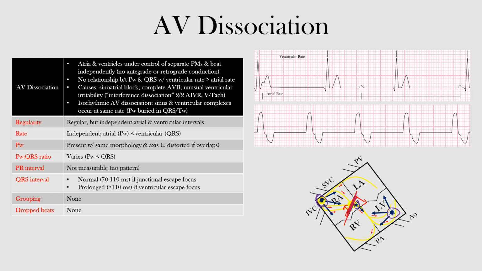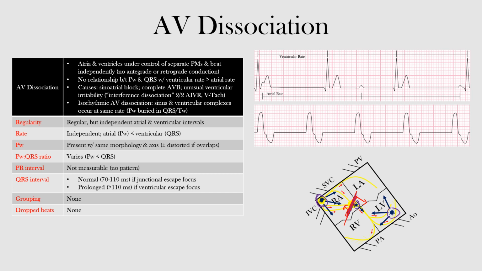Complete AV dissociation is not synonymous with third-degree or complete AV block. Complete AV dissociation indicates that the atria and the ventricles are completely dissociated. That is, there are separate pacemakers controlling the atria and ventricles without anterograde or retrograde captures. On the other hand, complete AV block is only one cause of complete AV dissociation.